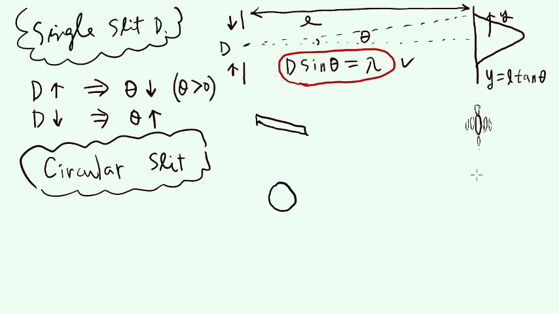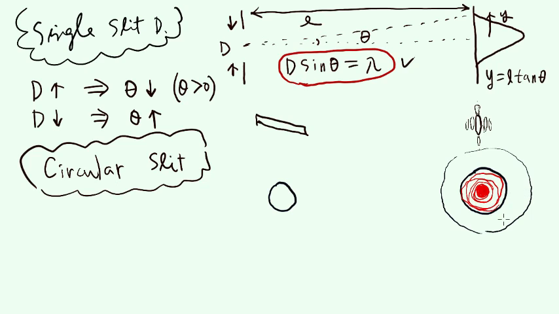So what you get on the screen is what's referred to as an Airy disk or Airy pattern. There is a central peak, and then there is a weak side band, a side peak. It will be very bright here, and then it'll become kind of weak, and it'll fill in.